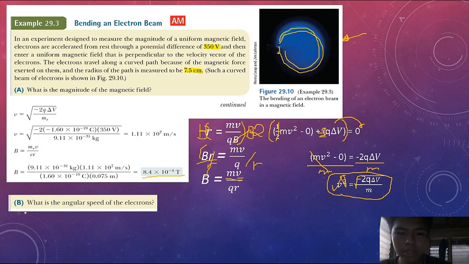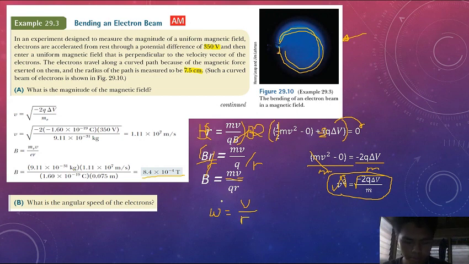What is the angular speed of the electrons? So using our equation of angular speed, omega equals to velocity over radius.